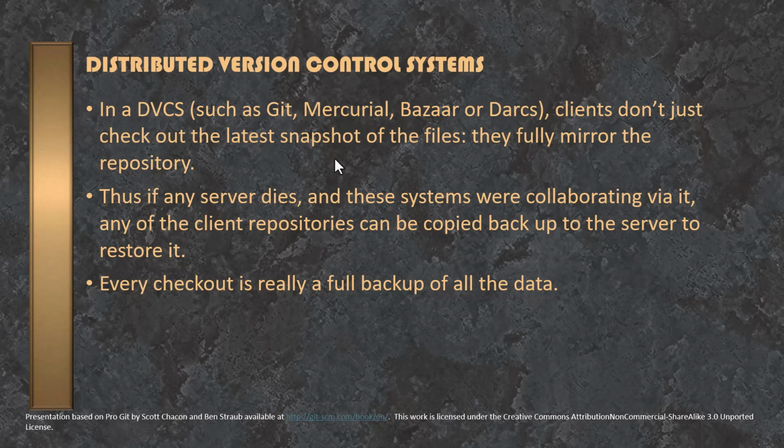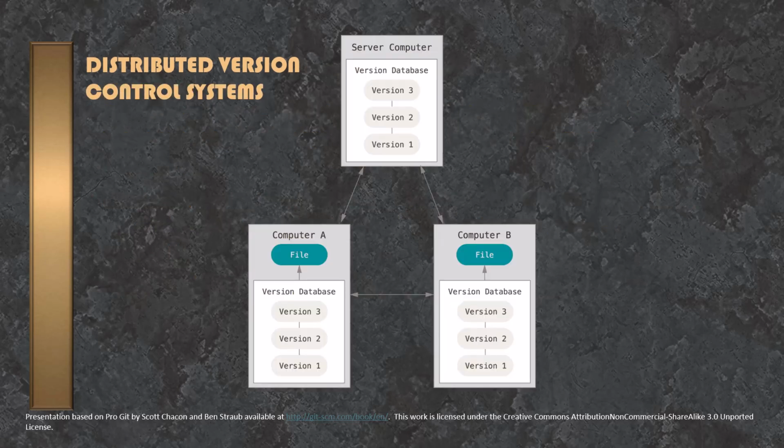You actually can download essentially the entire repository. And so every checkout is a full backup of all the data. So this might look something like this. You have a server computer with multiple versions, and this whole database gets brought down to each computer, and then locally you check out the files and modify the files you want.